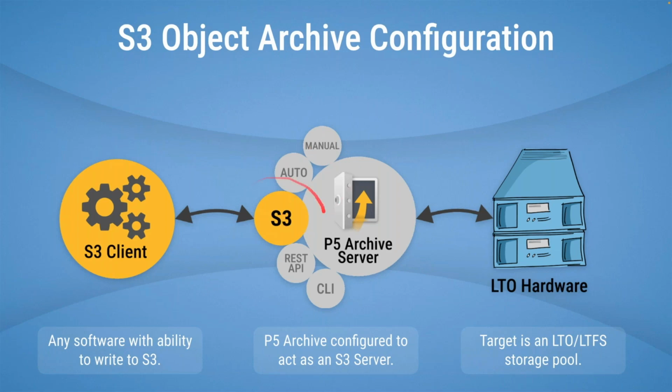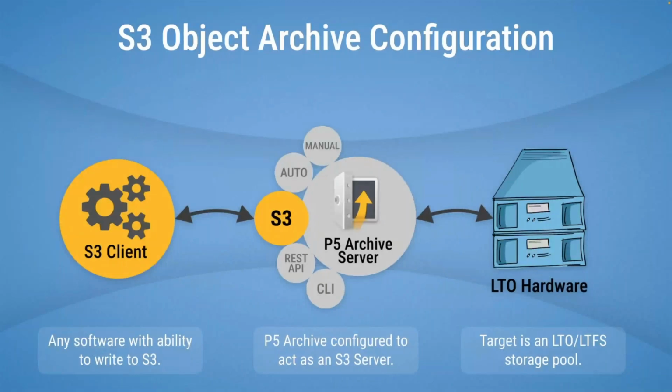So the S3 interface fits among these other 4 interfaces that P5 provides. And then over on the right-hand side, the target for the objects being sent by the S3 clients will be LTO hardware and tapes, and those tapes can be either Archiware's native tape format or LTFS.